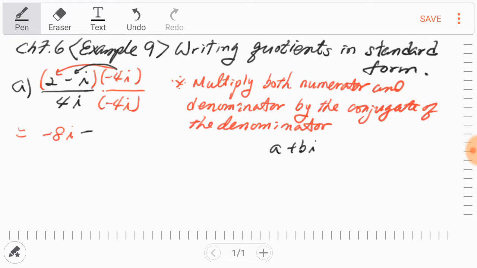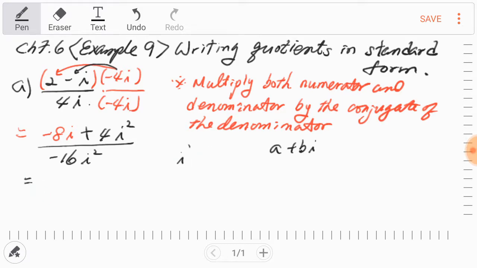Negative times negative is plus, then 4i, i times i is i squared, over the denominator. 4 times negative 4 is negative 16, i times i is i squared.